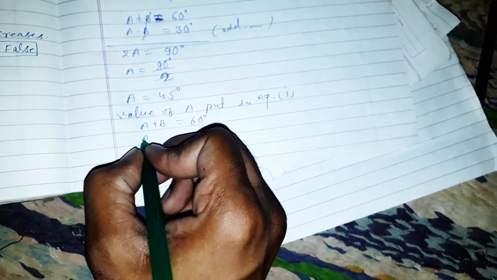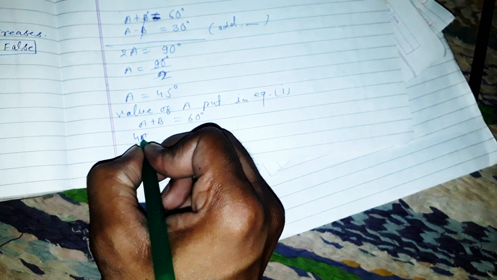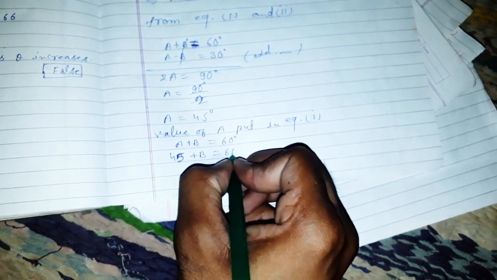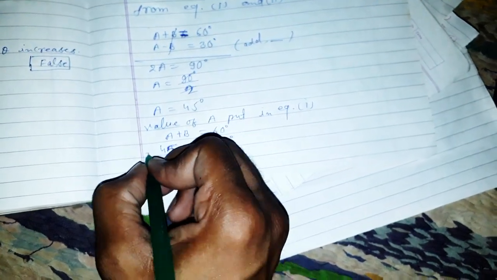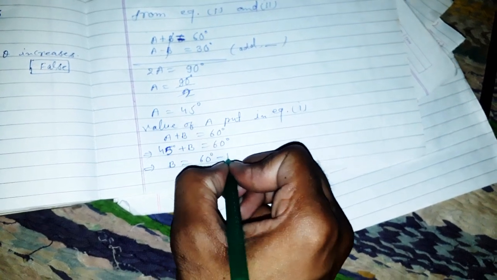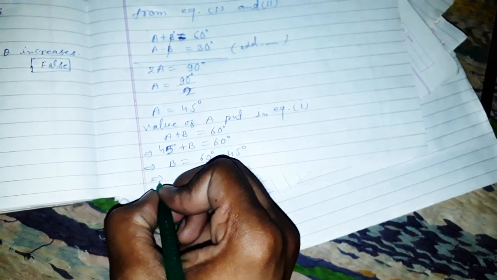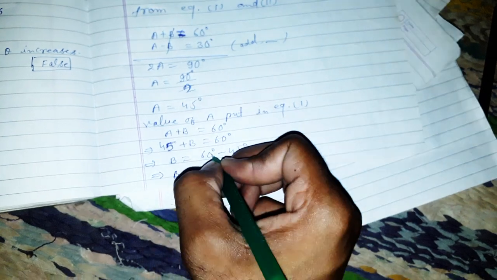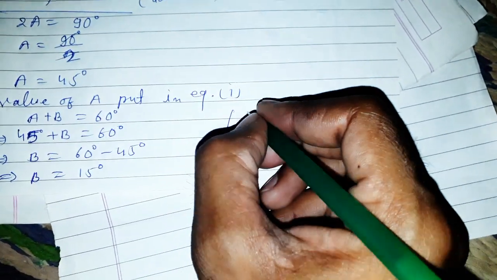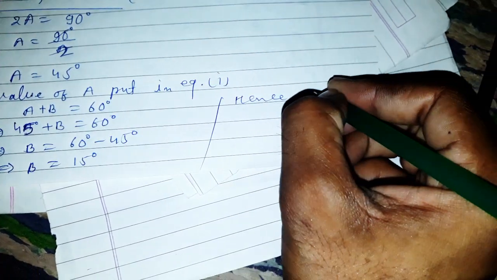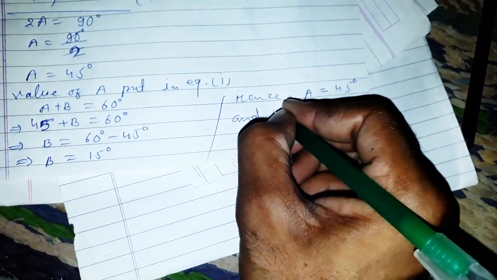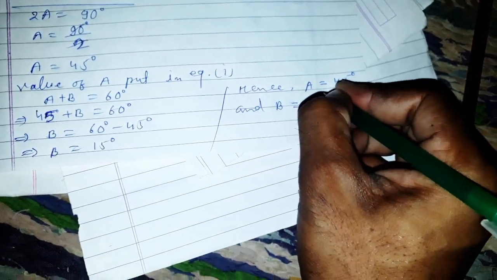So A is 45 degree plus B is equal to 60 degree, implies that B is equal to 60 degree minus 45 degree, B is equal to 15 degree. So hence A is 45 degree and B is 15 degree.